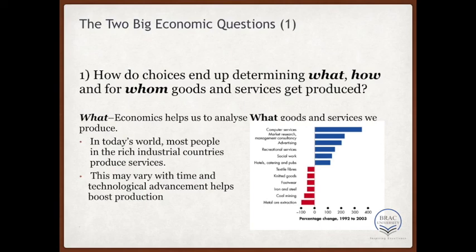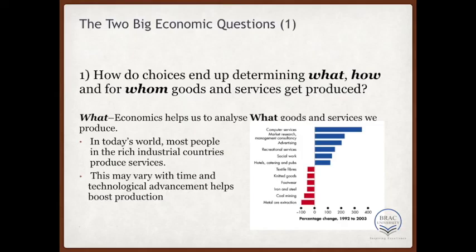If you carefully see this graph, it's a transition of UK's production of goods and services over the period of 1992 to 2003. As the UK progressed over these years towards development, they have shifted their production and service pattern, as you can see in this graph, producing much more of computer services, market research, and so on, that is of the blue shaded region, and producing less of textile fibers, knitted goods, that is of the red shaded region.